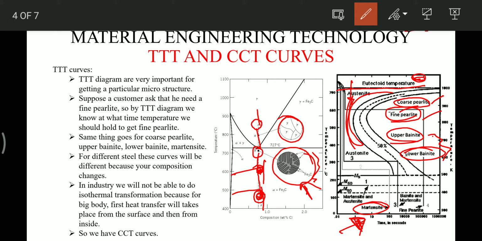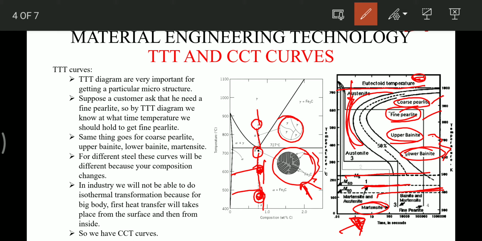For getting martensite, we should cool below this line. This is the start temperature for martensite, and this is the finish temperature. In between, if we keep on waiting, nothing will change in the microstructure of the martensite. So these are all the informations which we get from this diagram.